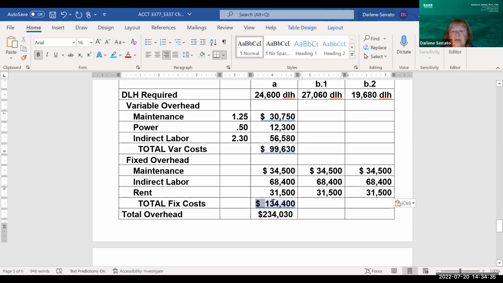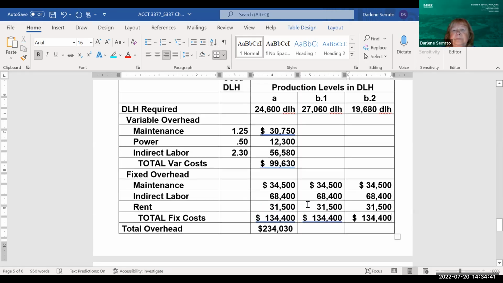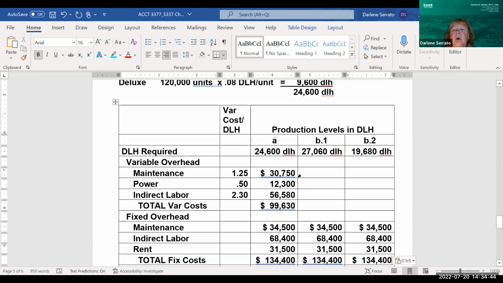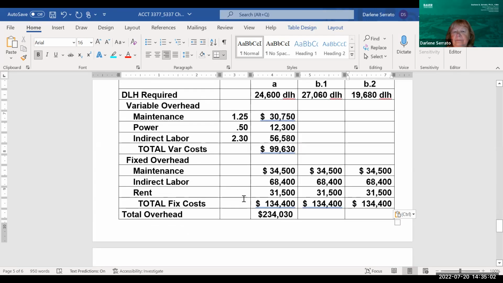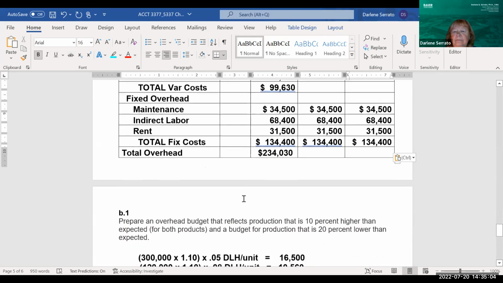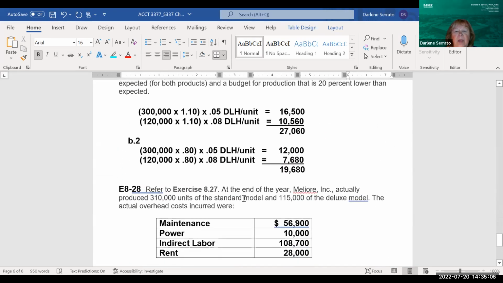So this is going to be the 134,400. So you can finish this on your own. You're going to be multiplying these direct labor hours times these variable costs per unit. Questions on that?